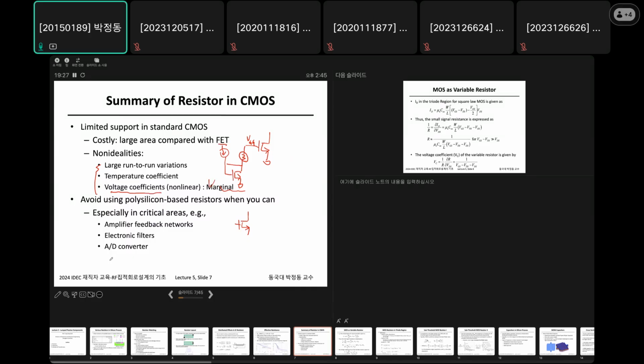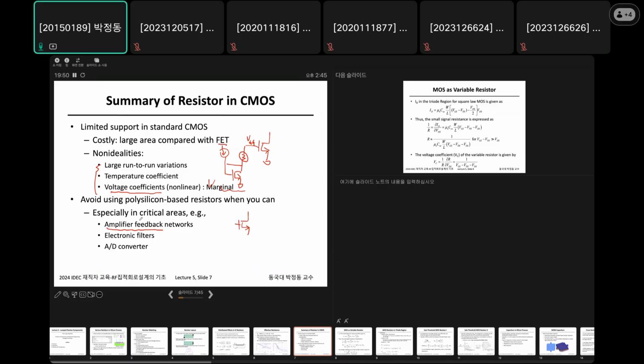So we may just say if you can avoid the polysilicon-based resistor, try to avoid it, especially in critical areas like amplifiers, feedback networks, electronic filters, and AD converters. If you can avoid it, just avoid it.